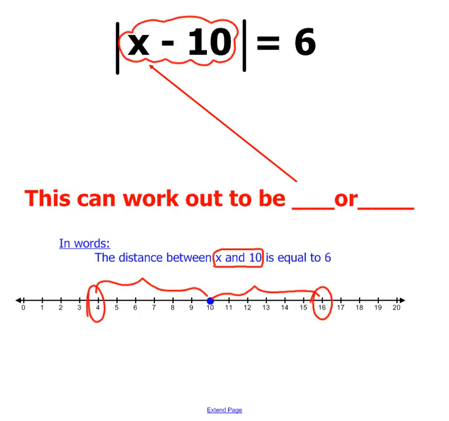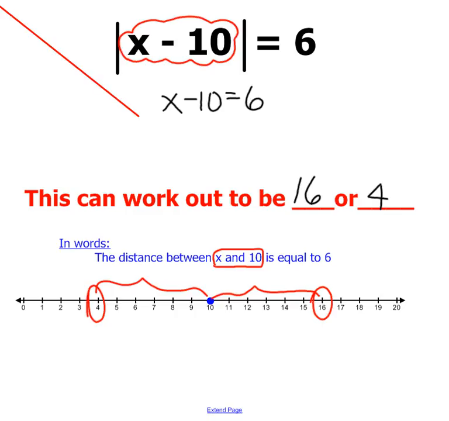All right? So let's see how we do that algebraically so you can use this model for the rest of your problems. So you set up the two cases. So either x minus 10 equals 6 or x minus 10 equals -6. Now that's because we're saying either x minus 10 equals 6 or the opposite of x minus 10 equals 6.